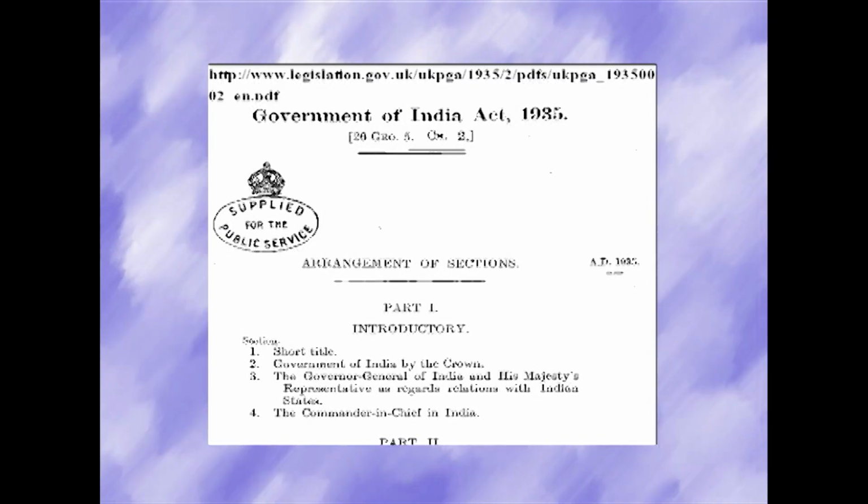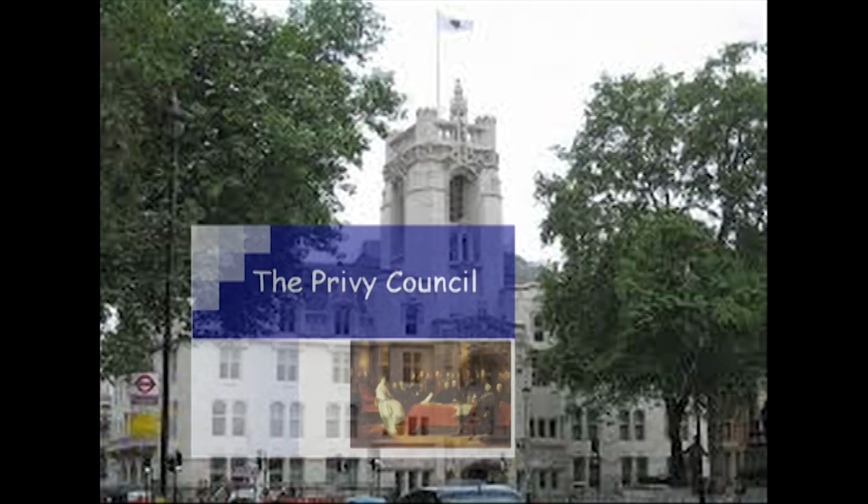So the federal court before the commencement of the constitution was the highest judicial organ in India. It was the apex court, but it was not the highest court of appeal. The highest court of appeal was the Privy Council in London. So appeal could lie from this federal court to the Privy Council in London.